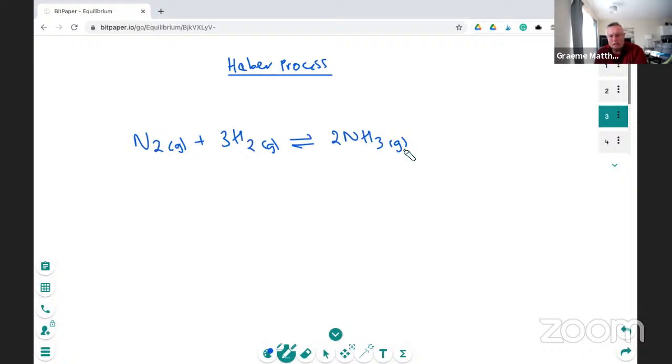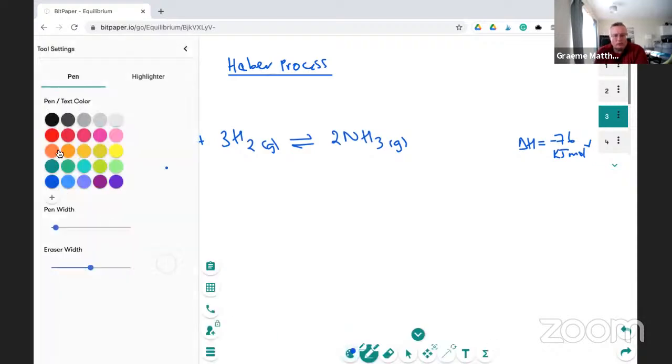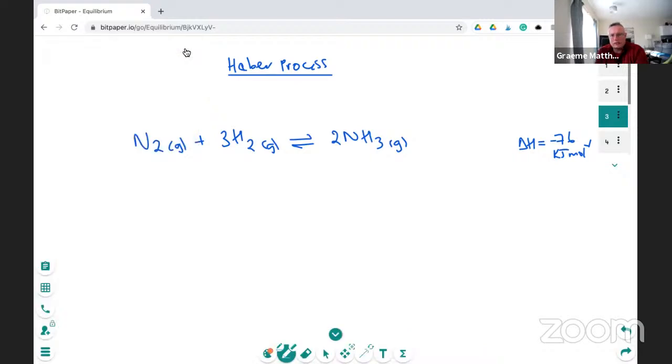So I've got nitrogen and hydrogen giving me ammonia. And over here, they're telling us that the enthalpy is negative 76 kilojoules per mole. All right, so the very first thing I would do straight off the bat, chemist, is Florida orange, because this is negative, this is exothermic.